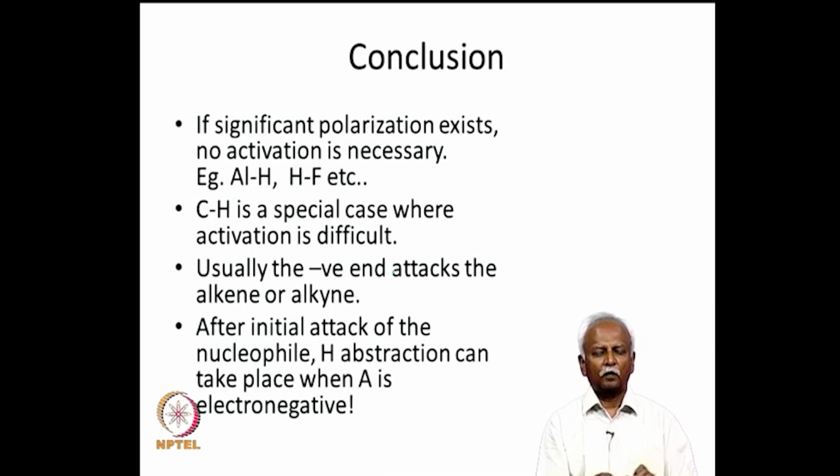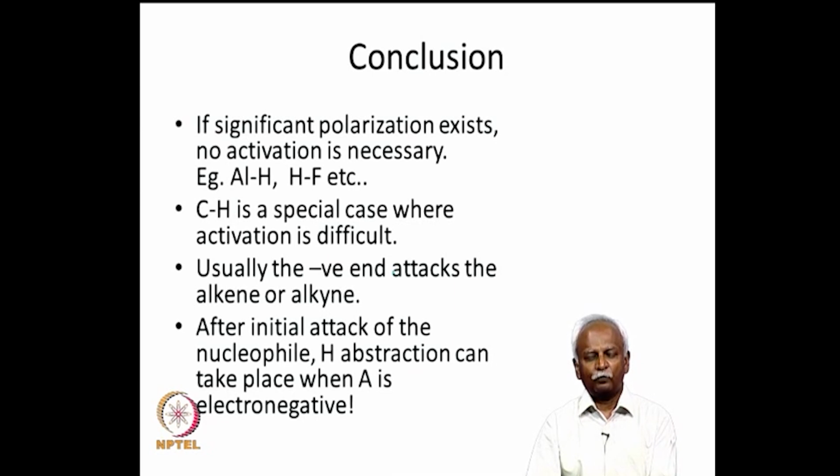So, in conclusion, one might say that as long as there is a significant polarization in the two groups, that means hydrogen on one side, and either aluminum as in some examples that we have seen, or fluorine, then direct addition of an olefin to these molecules is possible. So, there is no activation necessary, and no catalyst is necessary for this whole reaction.